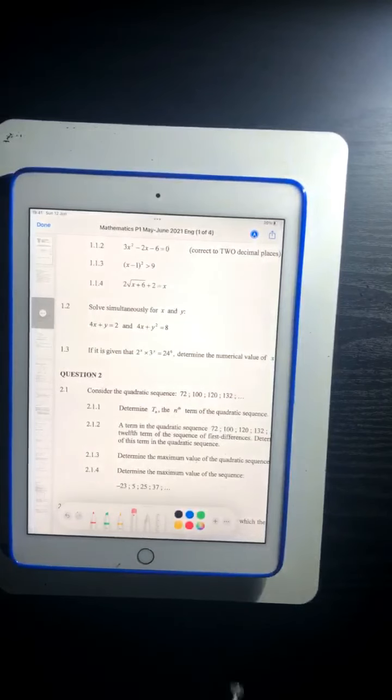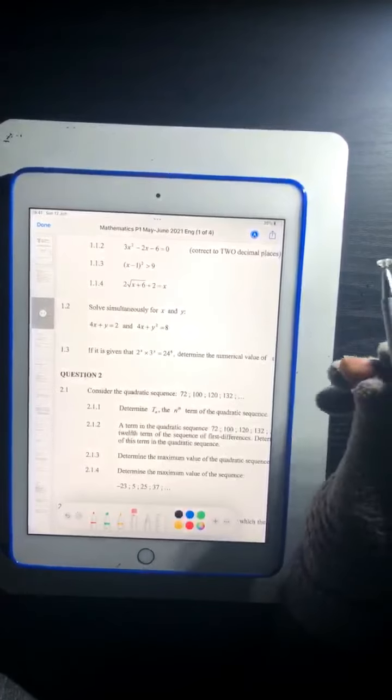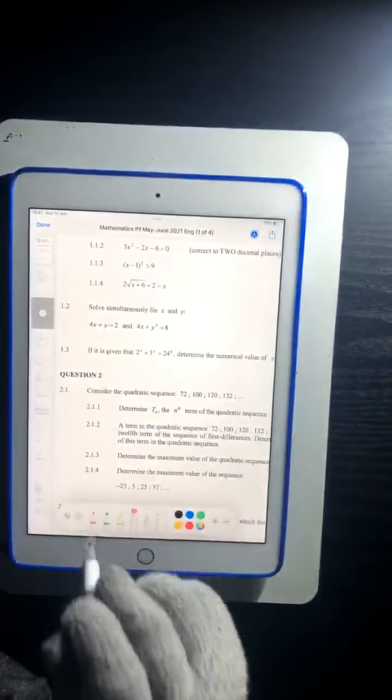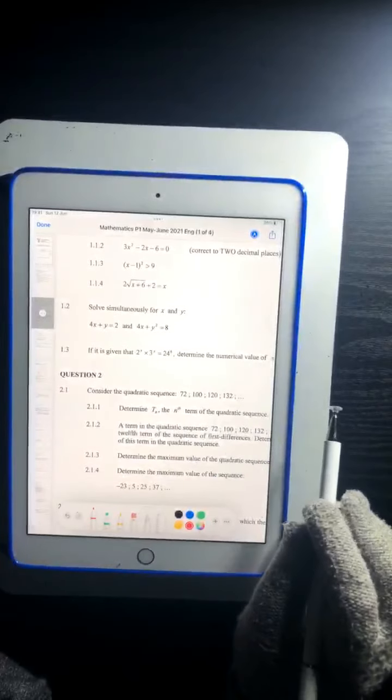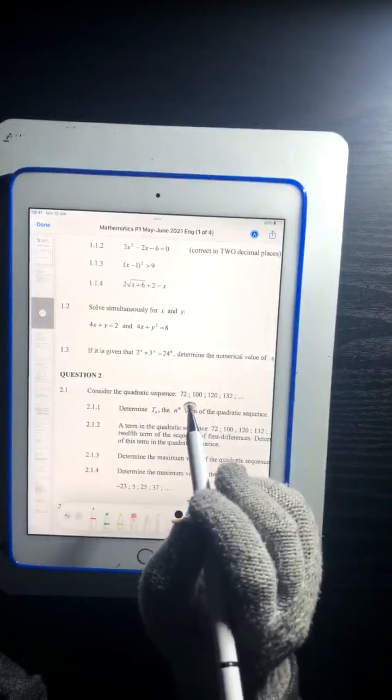So this one, 1.3, is where you must use your understanding. The examiner always brings a very interesting or tricky question.